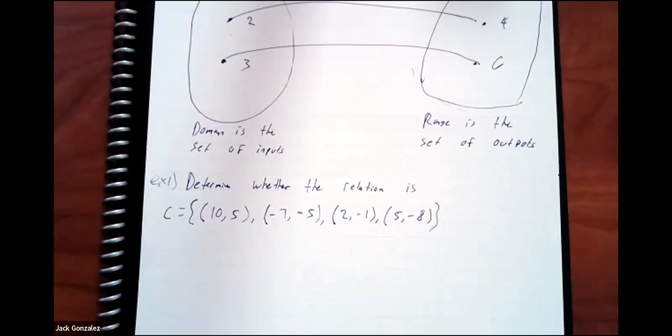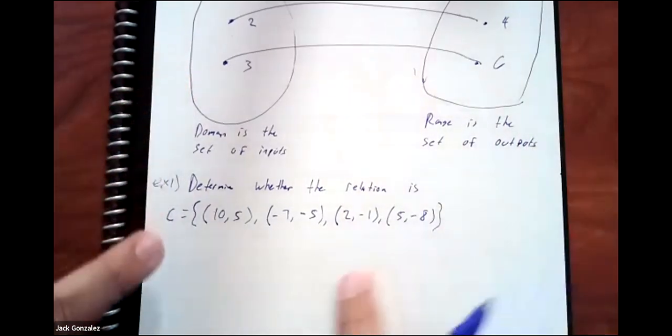All your X inputs are your domain. All the Y outputs are your range. So it's like this circle and that circle, the X's and Y's.